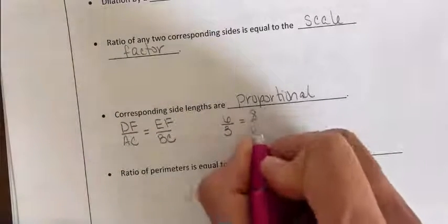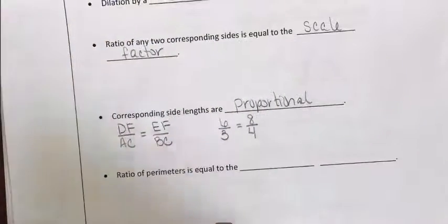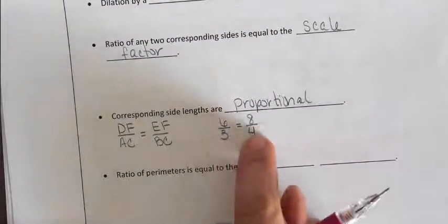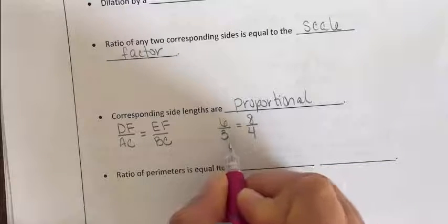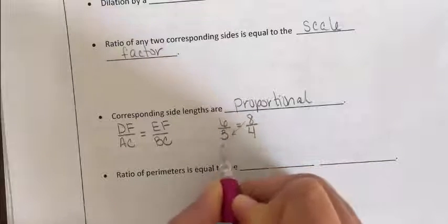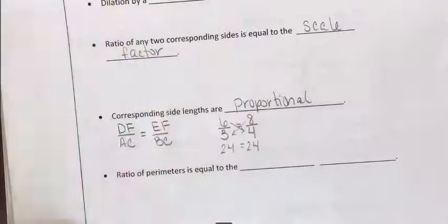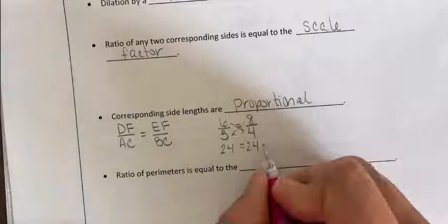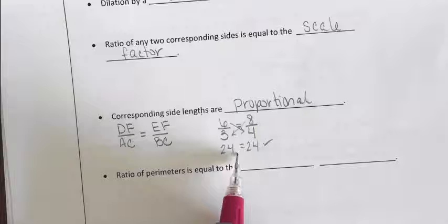EF is 8, and BC is 4. So you can see right away, well, they both equal 2. Or another way to check this is with, because there are two ratios set equal to each other, we can cross multiply. And so I use cross products there to check. So we know that these, in fact, the corresponding side lengths are proportional.